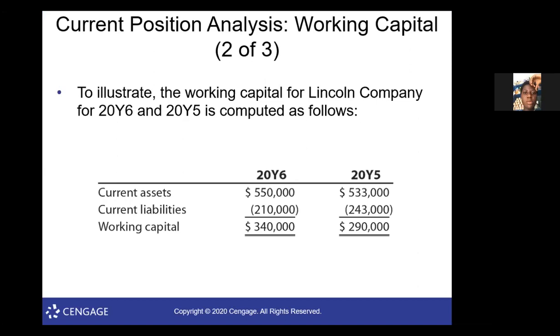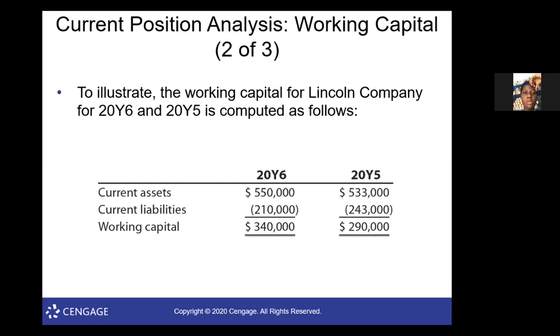They have current assets of $550,000 in the current year, current liabilities of $210,000. Therefore, working capital in the current year is $340,000. If we look at the prior year, current assets of $533,000, current liabilities $243,000. Therefore, working capital is $290,000.